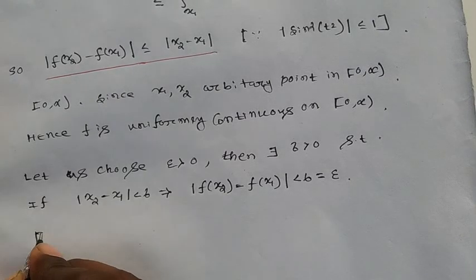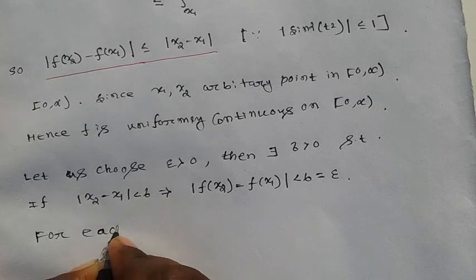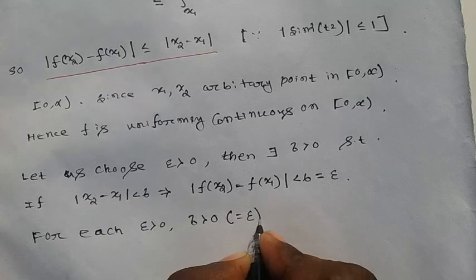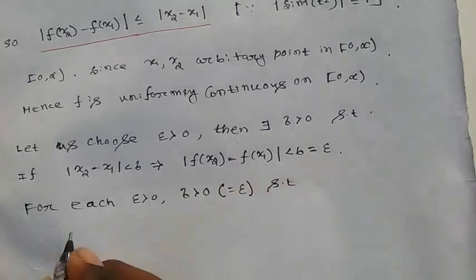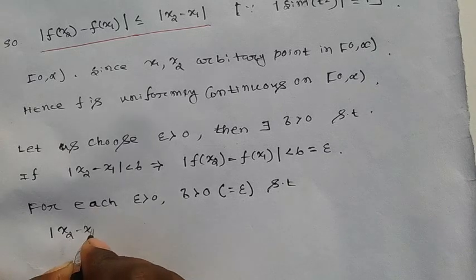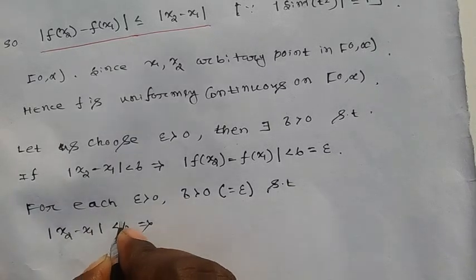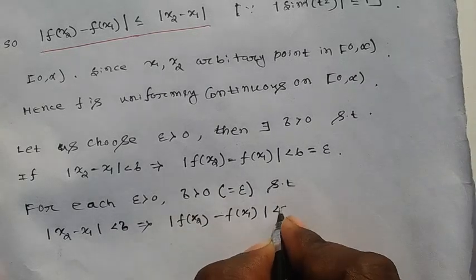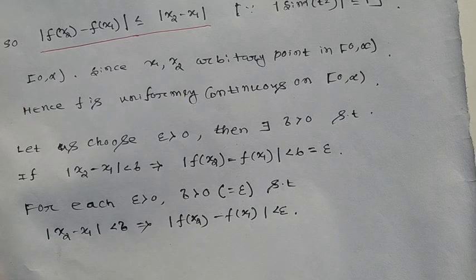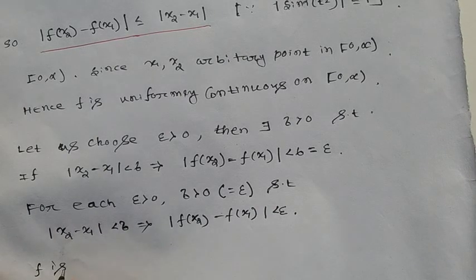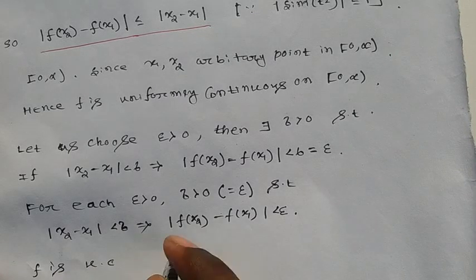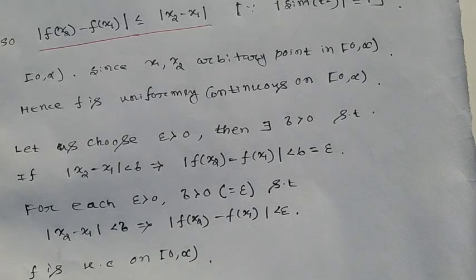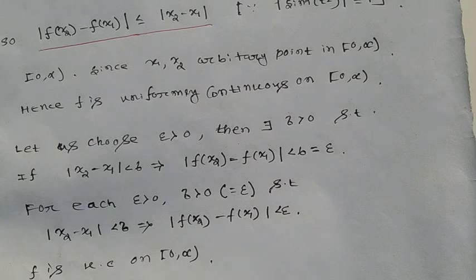So for each epsilon greater than 0, there exists delta greater than 0, exactly equal to epsilon, such that mod of x2 minus x1 less than delta implies mod of f of x2 minus f of x1 less than epsilon. So therefore f is UC, uniformly continuous on the closed interval 0 to infinity. In this way you check that this is UC.